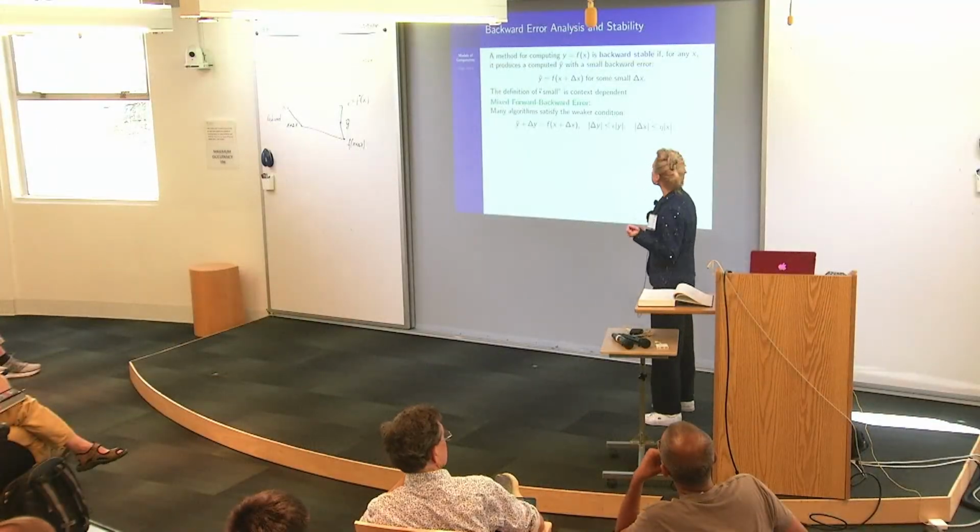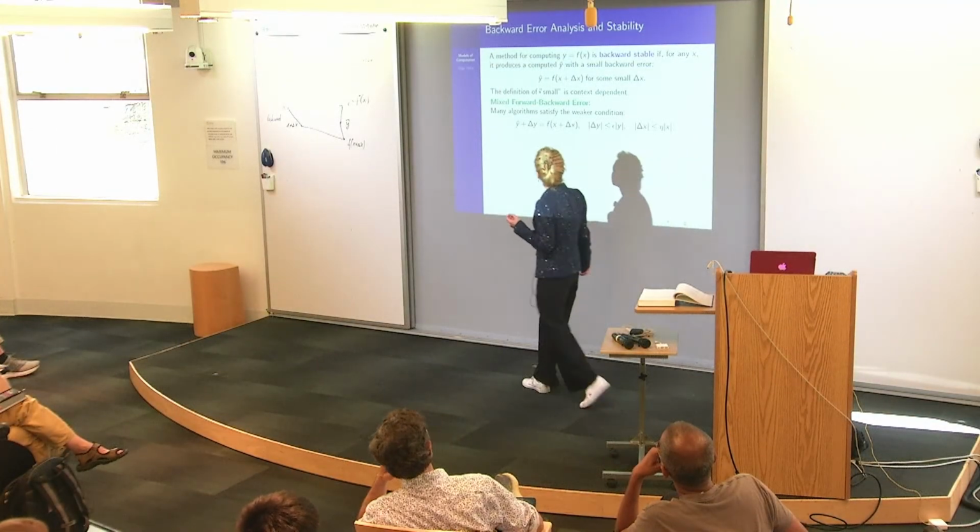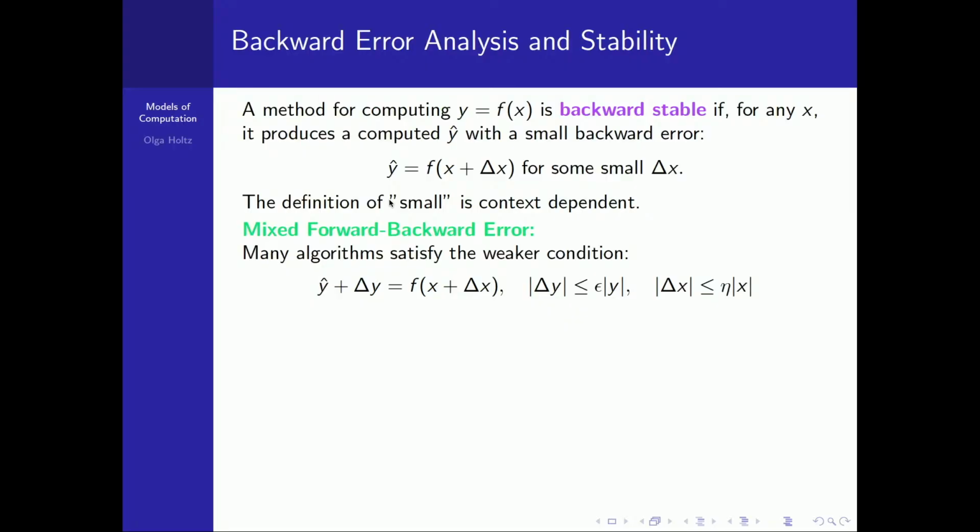Okay, so again, remember backward stability. What does that mean? That means that our algorithm for computing some function, we'll just keep calling it f, is going to produce the exact answer on some slightly perturbed value, x plus delta x, and this is going to happen for all inputs x in your intended domain.